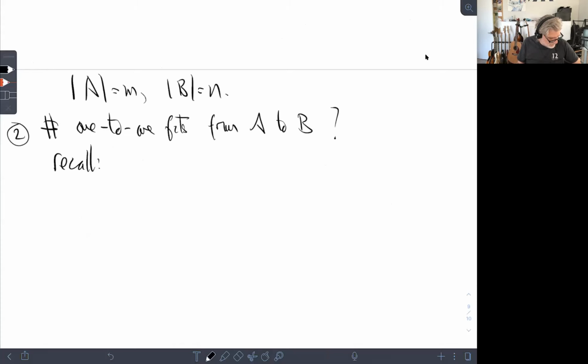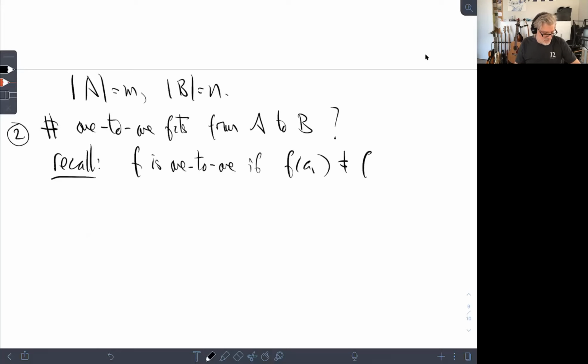If you don't remember what that is, then it's difficult to answer the question. f is one-to-one if f of A1 is never equal to f of A2 when A1 and A2 are different. So it cannot map two different elements of A to the same element of B.